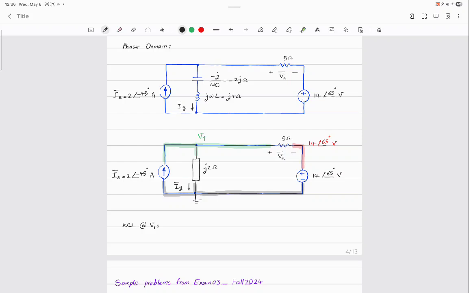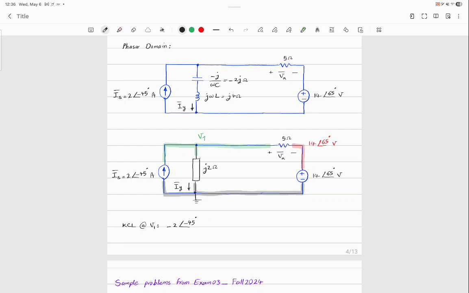So to the left-hand side, there is just one current source, right? Whatever value it has, is it entering the node or exiting the node? So do you consider it negative or positive? Negative. So what should I write? -2 angle -45 degrees.